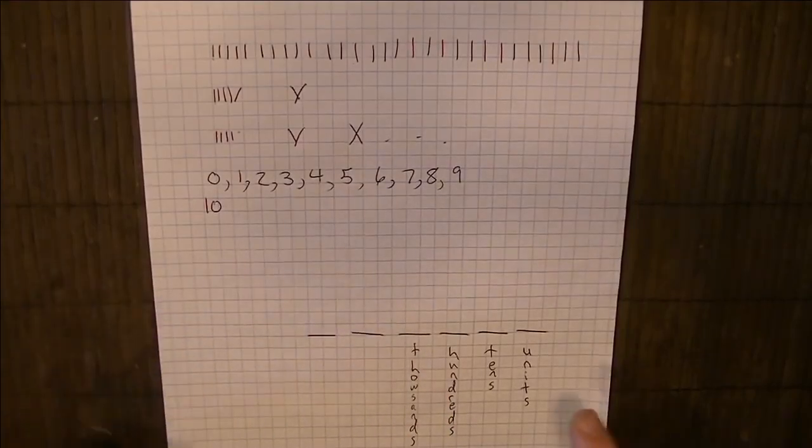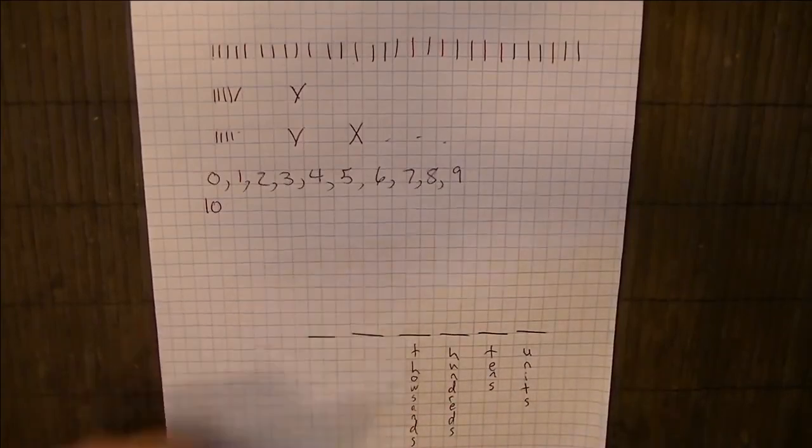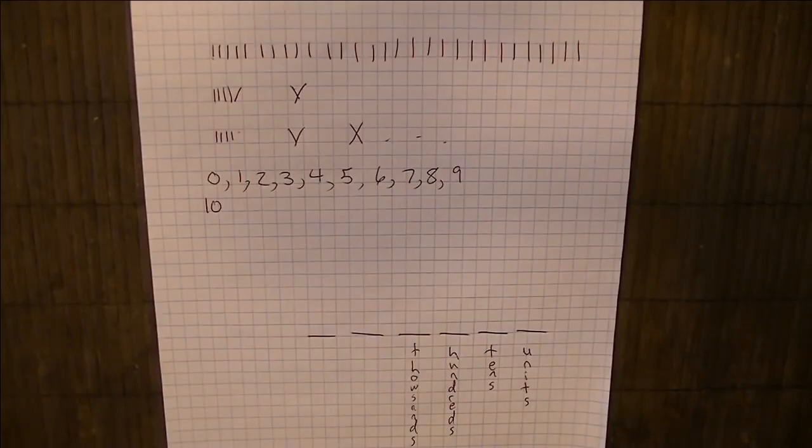If we've got units, tens, hundreds, thousands, then what comes next? Even now, we need to come up with a system of creating new places.